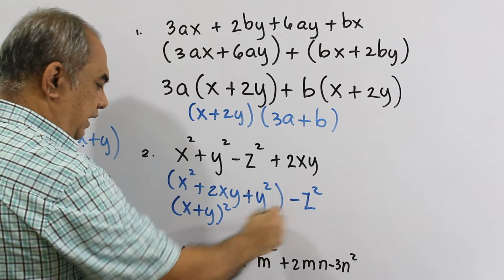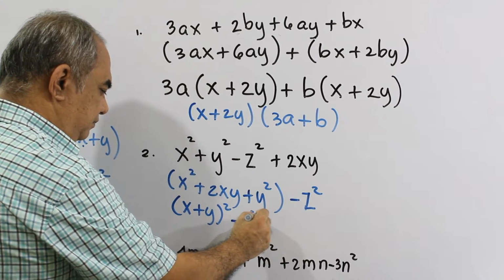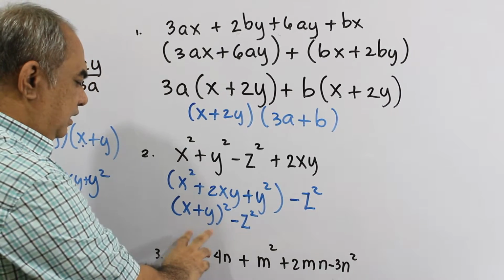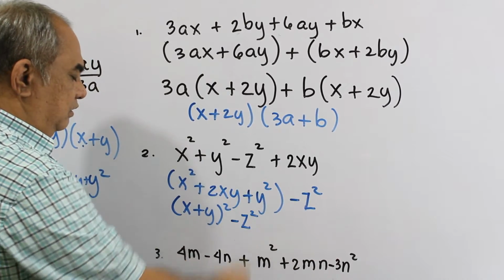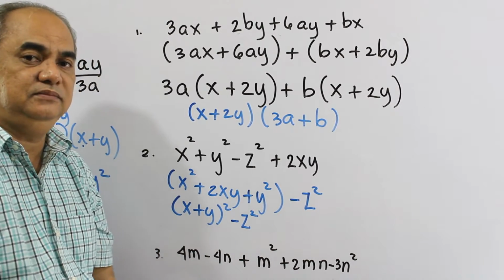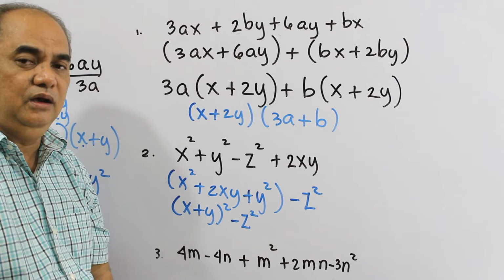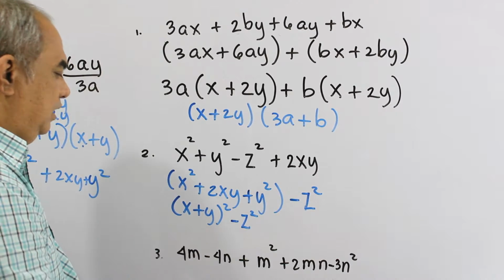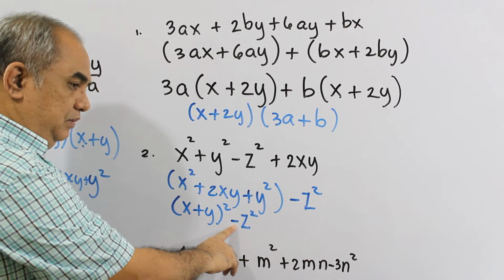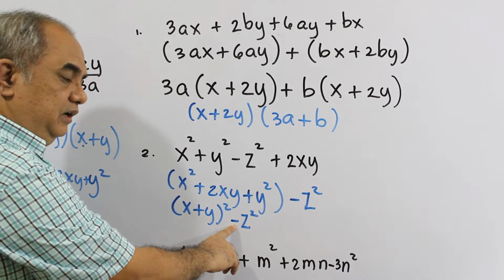And then we're going to write minus z squared. Now having that done, what do you have in mind after we factor this trinomial? Can this still be factored? Of course, it can be factored. How? You notice that the sign here is negative, meaning it's going to be a difference.